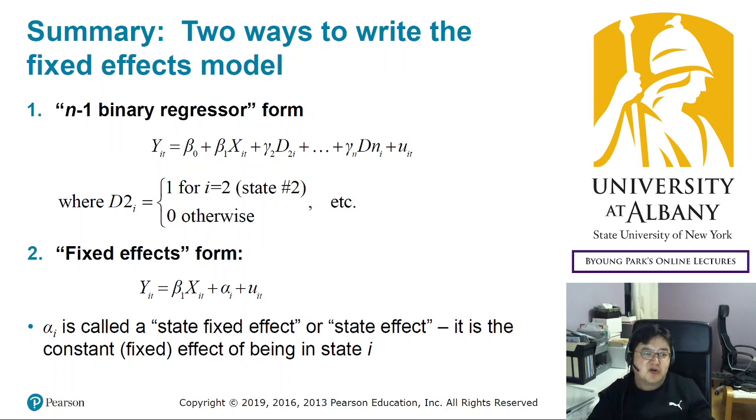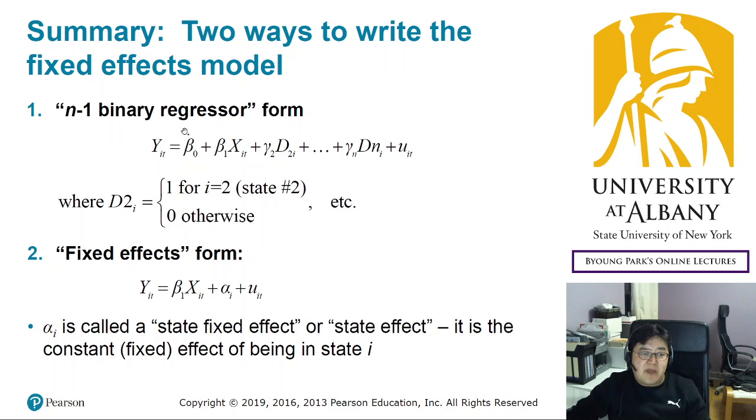And as we learned in the dummy variable trap chapter earlier, you have to drop one of them. Otherwise, including all 50 dummy variables will cause perfect multicollinearity. So it won't work. In the end, you have to include n-1 binary regressors, n-1 dummy variables in the regression model.